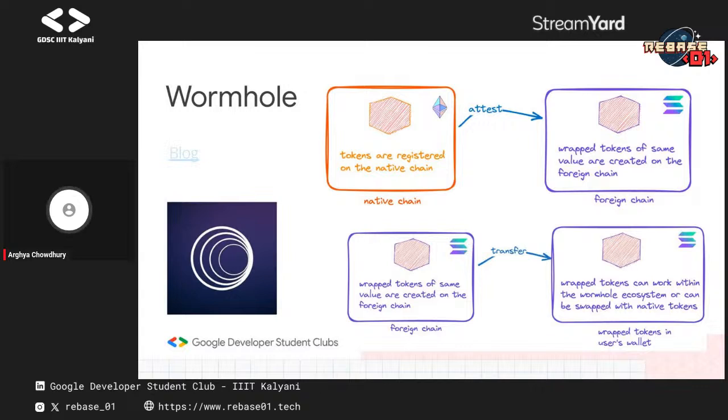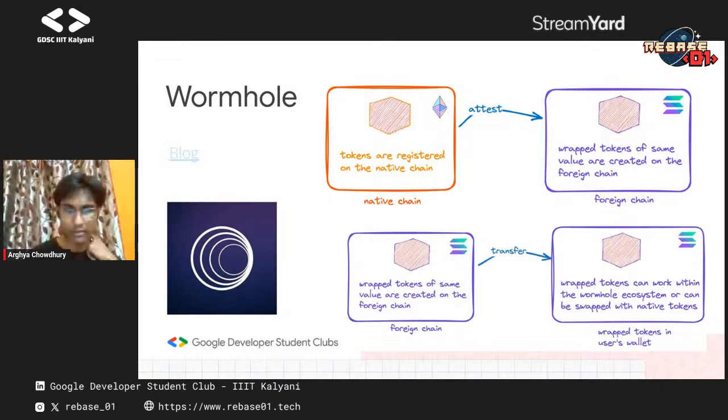So let's deep dive into how Wormhole exactly works. Now, what is Wormhole exactly? Wormhole is a bridging protocol basically. What I mean by bridging protocol is how cross-chain works, how data transferring, token transferring, and all that stuff works.